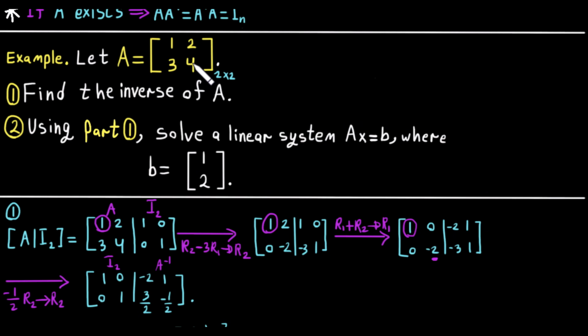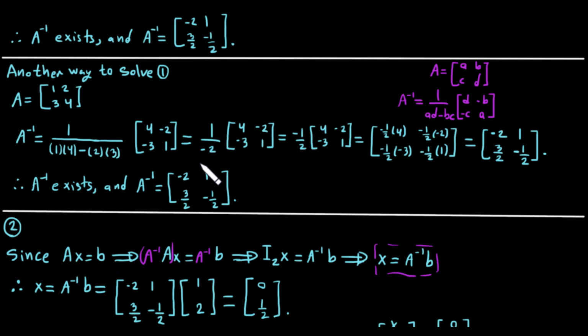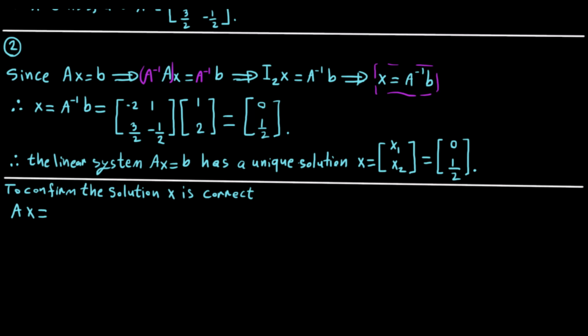So we have to multiply this A by our solution X, then we have to get this 1, 2. Our A equal 1, 2, 3, 4, and our X equal 0, half.